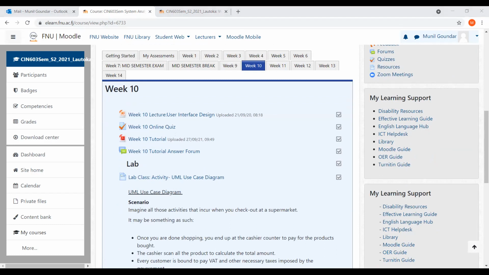Today's lecture notes are about user interface design. This is the phase that generally takes place when you are developing the information system. Before you develop it, you need to design it, and the designing portion also plays a key role.